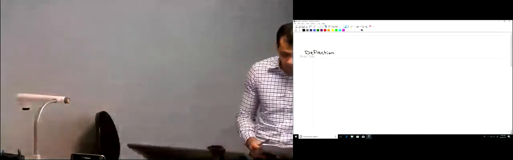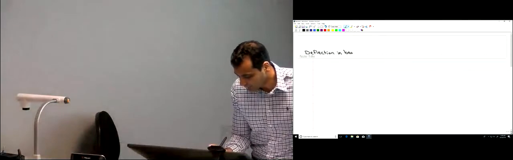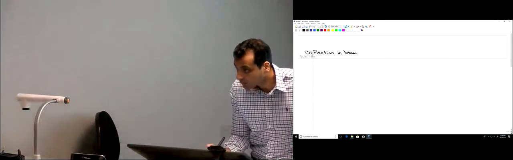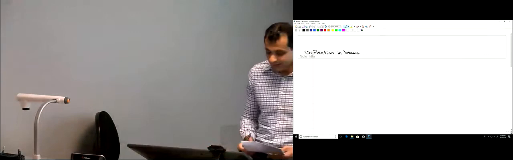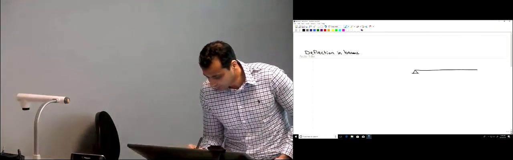So now we're going to start a new topic, which is calculating the deflection in beams. So let's say we have a beam that looks like this.